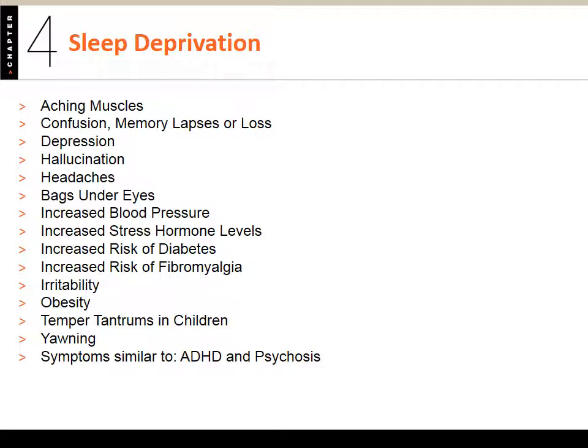Hallucination, headaches, bags under your eyes, increased blood pressure, increased stress hormone levels, increased risk of diabetes, and fibromyalgia. That's nerve pain, and they can't find anything. Irritability and obesity, temper tantrums in children, yawning, and then, like I said before, symptoms similar to ADHD.